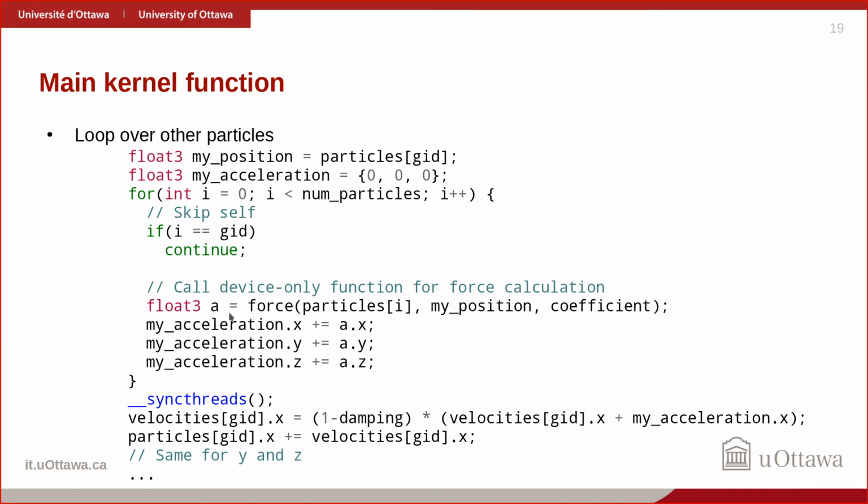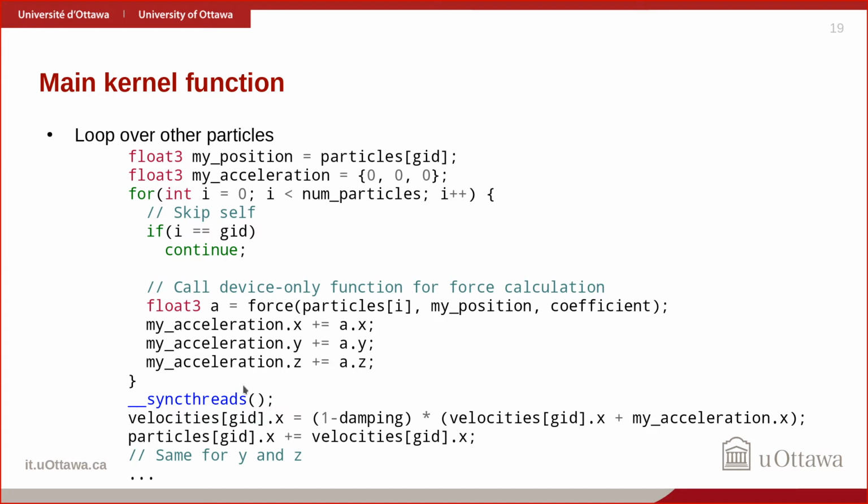And that's what I add to the acceleration of my particle, which is the particle for this particular thread. So for every other particle we'll calculate the force, and that will determine the total acceleration for that particular particle, basically using Newton's law.